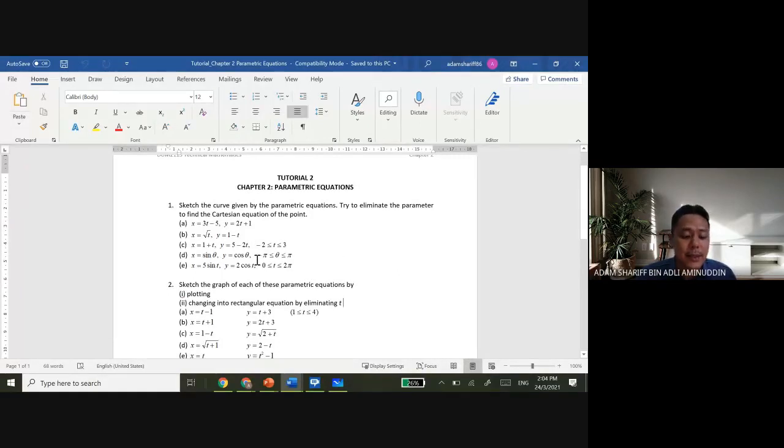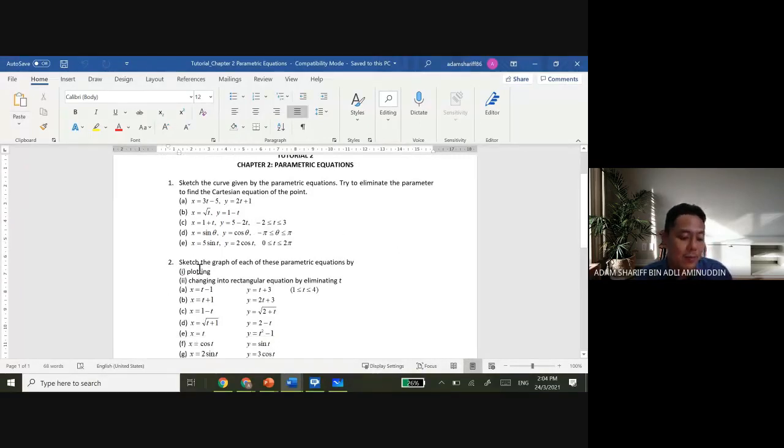Soalan dia sama je sebenarnya. Cuma yang bezanya nombor 2 dia paksa kamu untuk gunakan plotting. During the test and also the final exam, I don't really force you to use the plotting one. You can use directly eliminating the t, because I found out the end product that matters most is the correct graph.